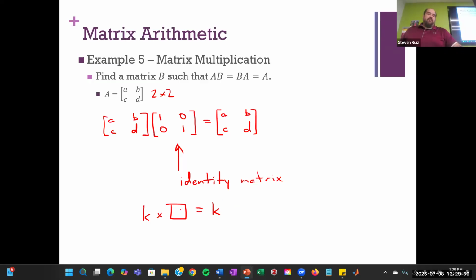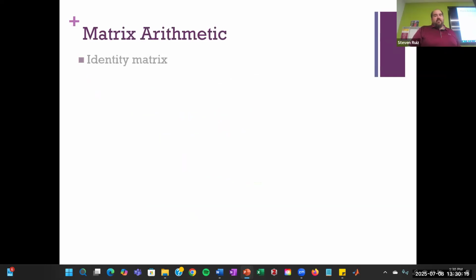What is that? 1. So 1 is the identity in regular multiplication. You can't talk about just 1 in matrices, but we have this matrix that does the same kind of function. If I multiply it by a matrix, it doesn't have any effect. It just passes the same matrix back. So that's called the identity.